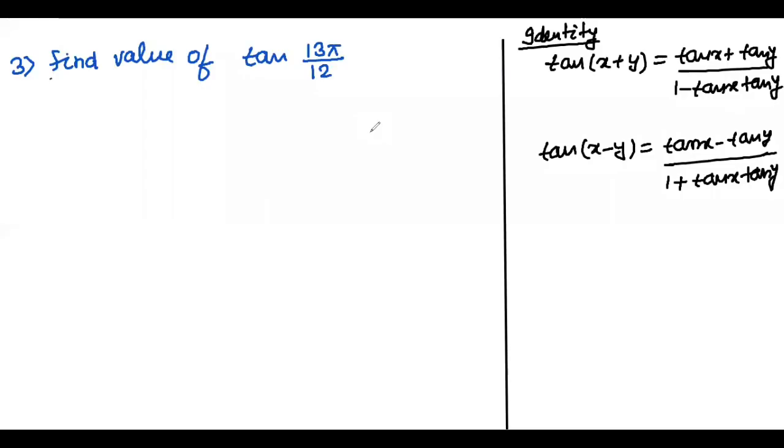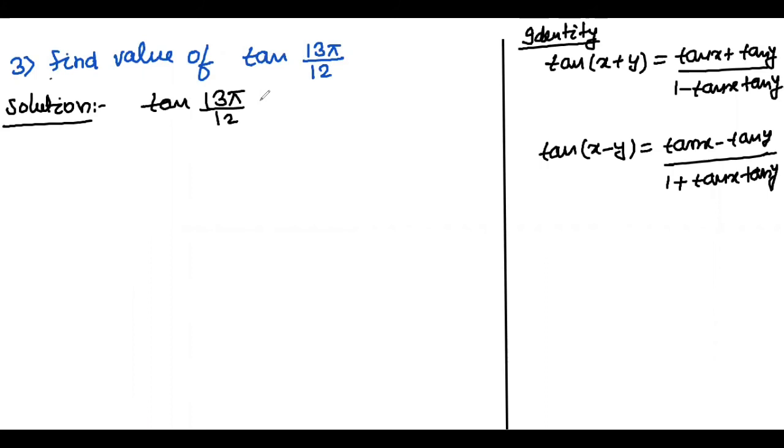Now the next identity I'm going to use. The question I've taken is: find the value of tan 13 pi by 12. Directly we can't apply, so first of all we have to simplify it. We can use the pattern tan of pi plus theta equals tan theta.